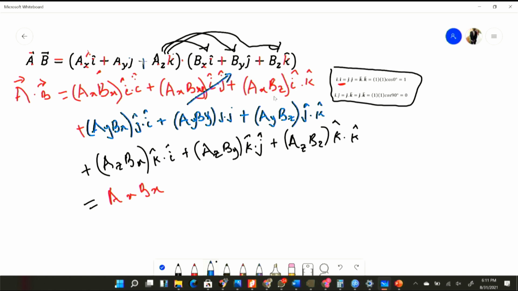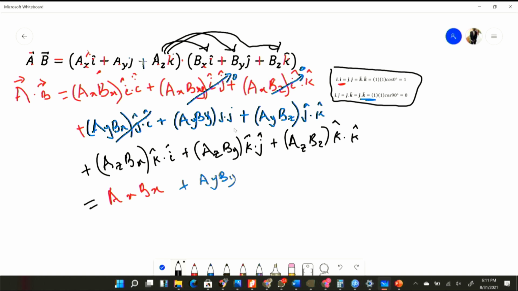And we also know that AX BZ multiplied by unit vector I dot K is 0, because they are perpendicular, the angle is 90, and cos 90 is 0. This also becomes 0. Then we also have AY BX multiplied by J dot I, which gives us 0, as shown here. And we therefore have AY BY.